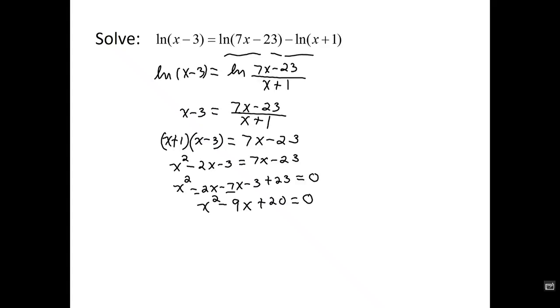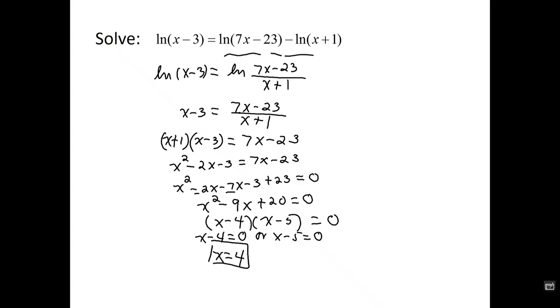Now we have a quadratic equation. Does it factor? Yes. If we factor the quadratic equation, we have x minus 4 times x minus 5. Now if we use the zero product principle, setting each factor equal to 0, and then solving each equation separately, we have x is equal to 4 and x is equal to 5.